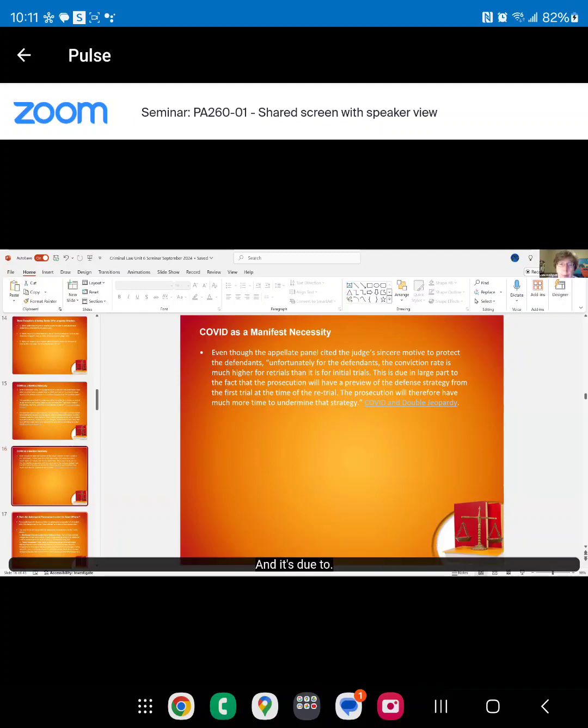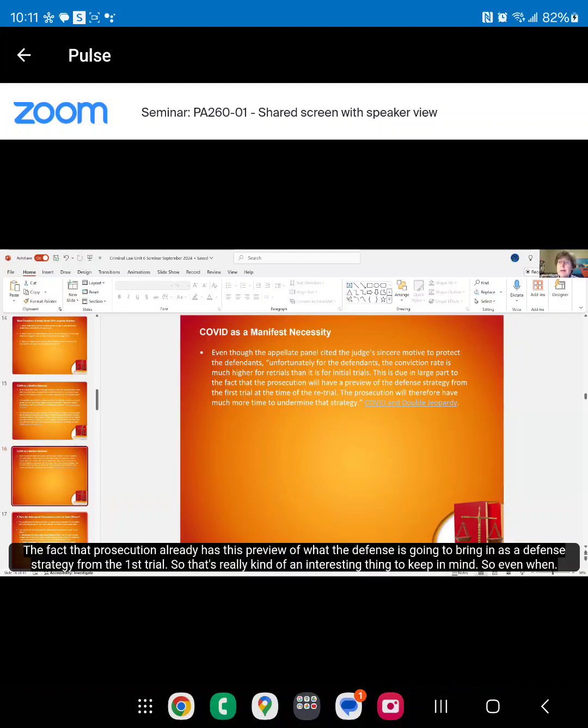It's due to the fact that the prosecution already has a preview of what the defense is going to bring in as a defense strategy from the first trial. So that's really an interesting thing to keep in mind.